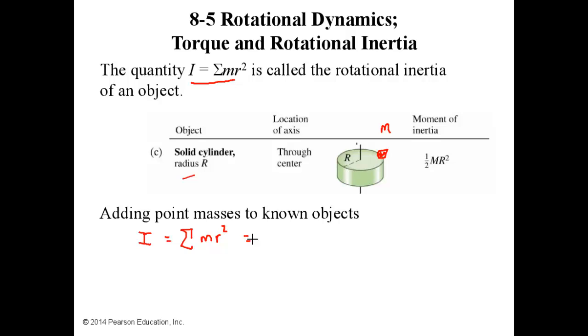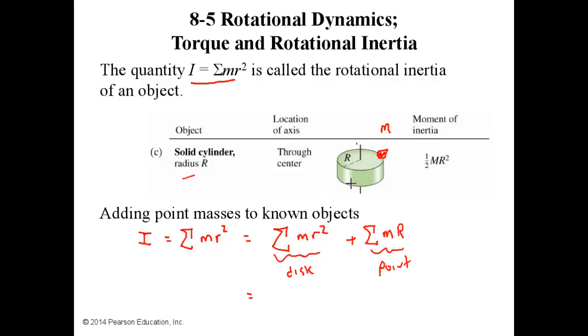I'm going to break this up into two different sums: the sum of the masses and radiuses squared here of my disk, in addition to the sum of the masses and radiuses squared, and in this case, this is going to be my point mass.